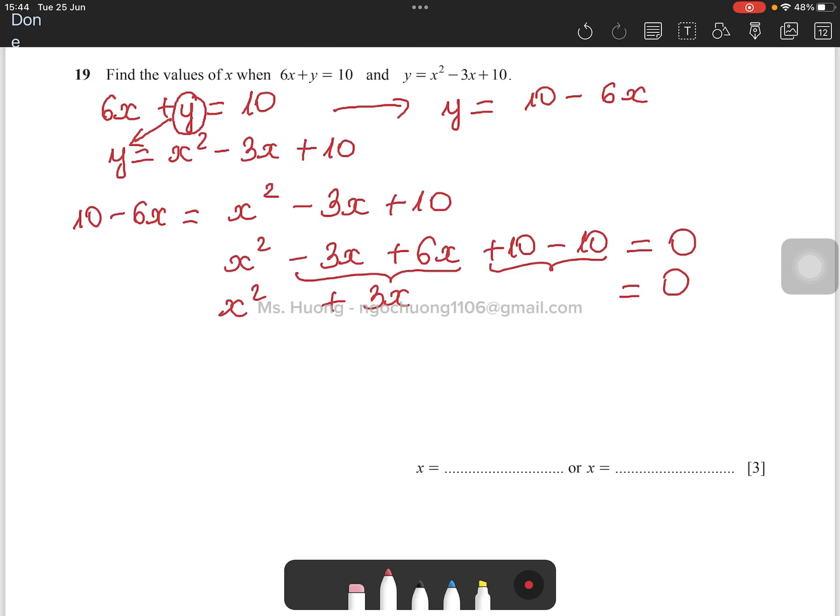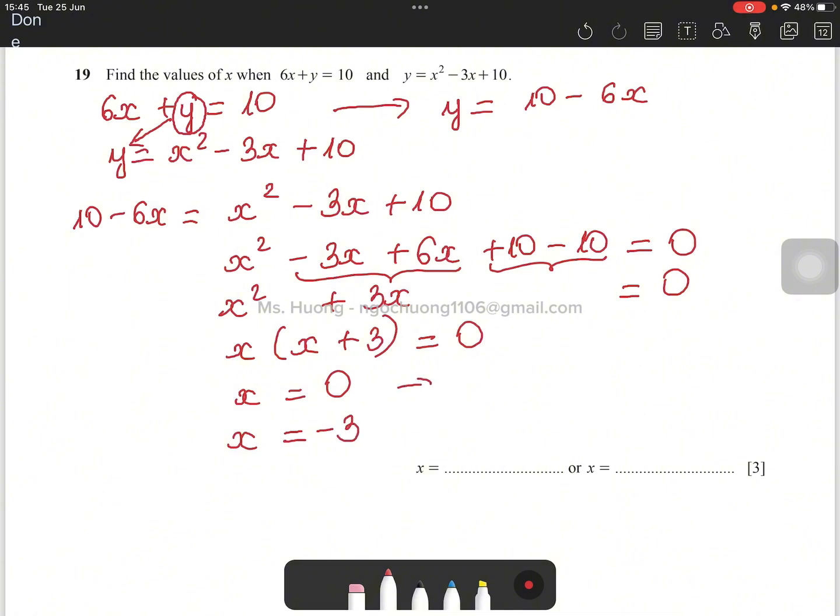So we cancel it, and now we only have x squared plus 3x equals 0. We can factorize it. x times x plus 3 equals 0. So x is 0 or x plus 3 equals 0. x plus 3 equals 0 means x equals negative 3.